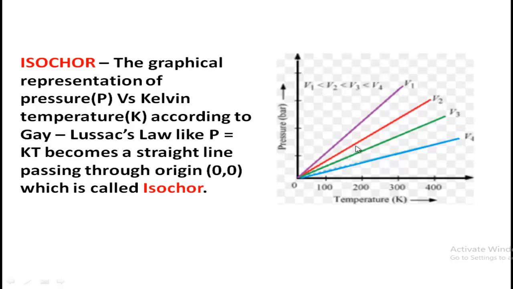These straight lines are known as isochores. So the graphical representation of pressure versus Kelvin temperature according to Gay-Lussac's law is a straight line passing through the origin, and this type of curve is known as an isochore.